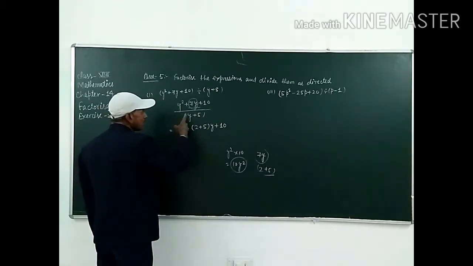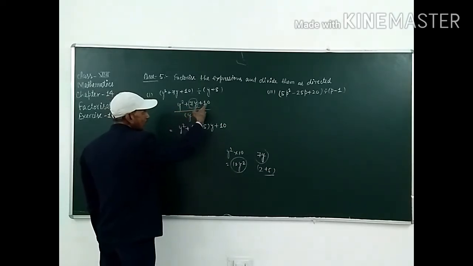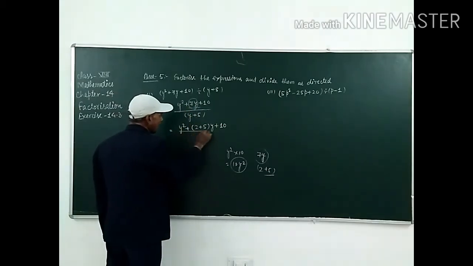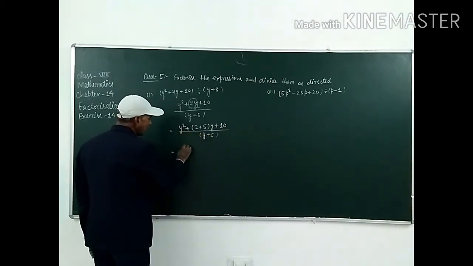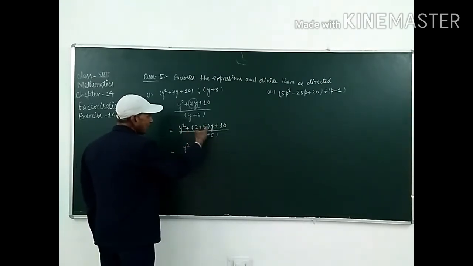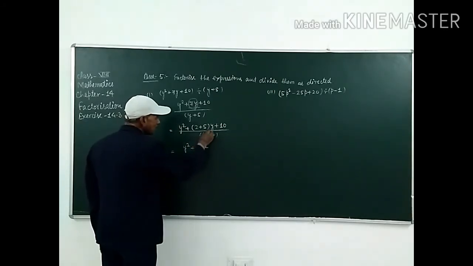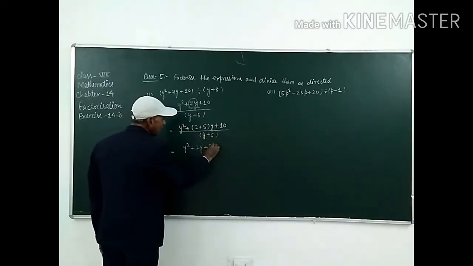This is the numerator, that is y square plus 7y plus 10. We have taken two parts, that is 2 plus 5, that is 7, divided by y plus 5. This one will be y square plus, multiply this y with 2, that will be 2y plus 5y.